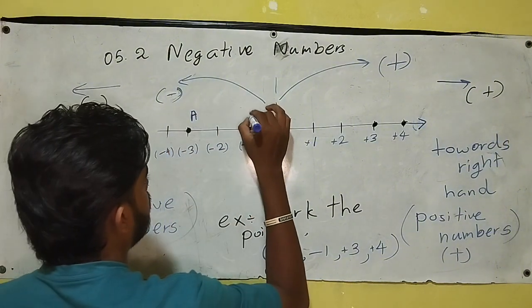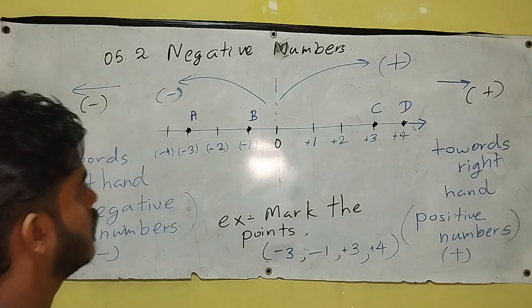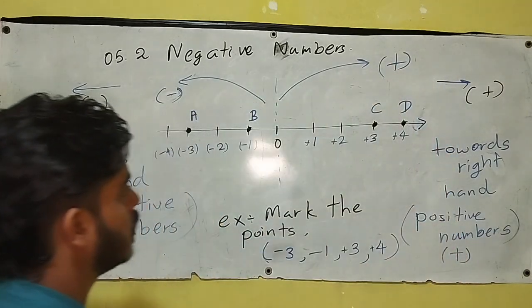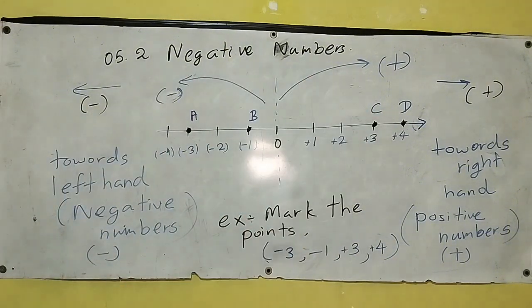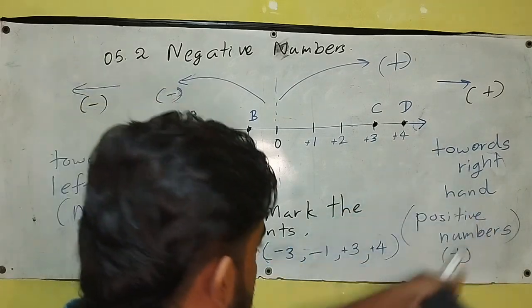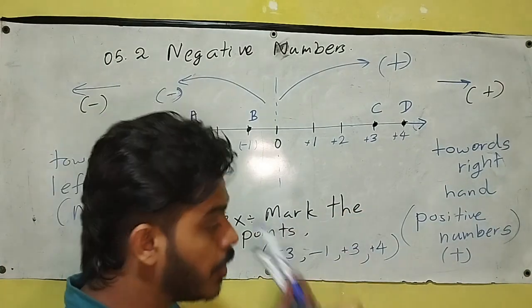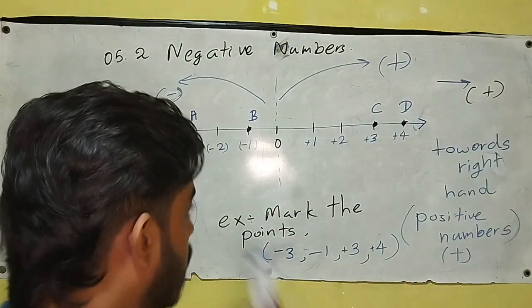Think A, B, C, D. Remember this one. As well as draw the number line, mark the points, write down all this, pause the video. Now I am going to the next step. Okay, next chapter.